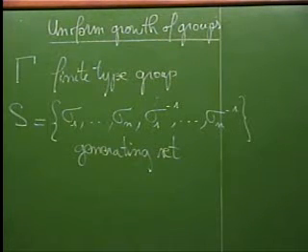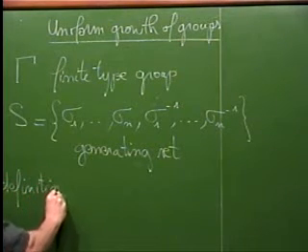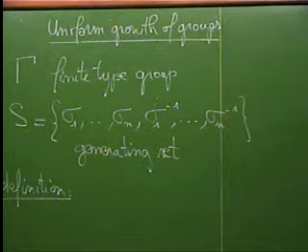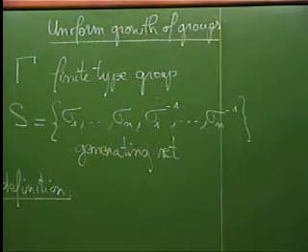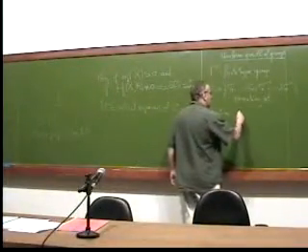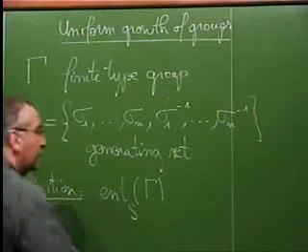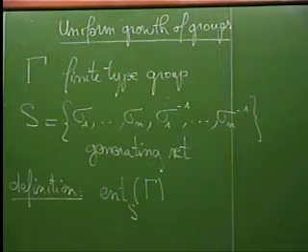So let me give two definitions. The first one is the definition of a number which characterizes the asymptotic size of the group, which I will call the entropy of the group gamma, related to this generating set. And the definition is like for any kind of entropy.